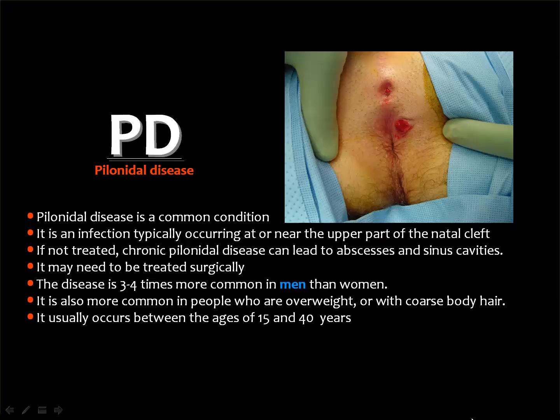Then pilonidal disease, which is the last issue in this talk, is a common condition occurring in the back, approximately somewhat above the level of the anal canal, typically near or at the upper part of the anal cleft.